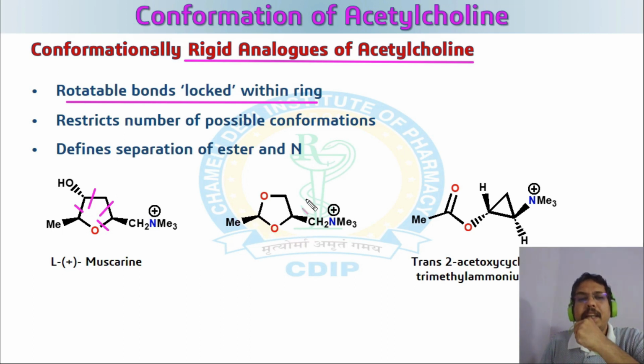The same thing happens here. But if you look at ACTM, which is a synthetic compound in which cyclopropane is present, although it has single bonds, it is a cyclic structure, and that's why the rotations are hindered.